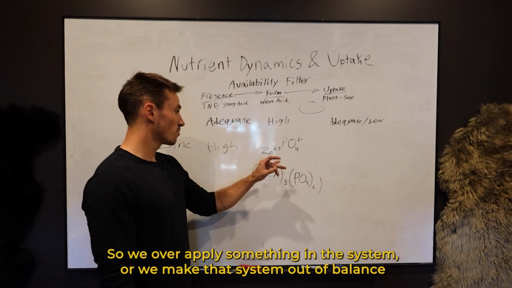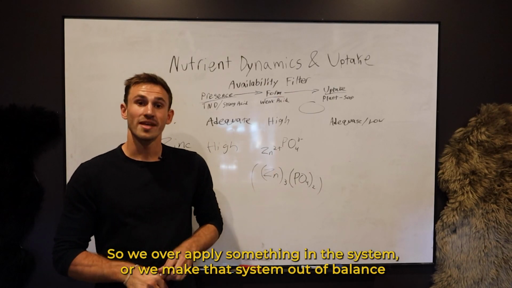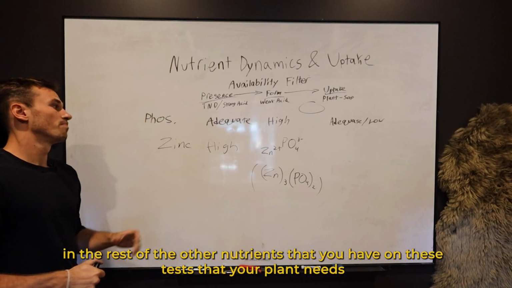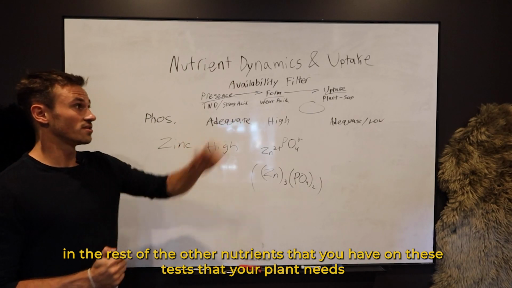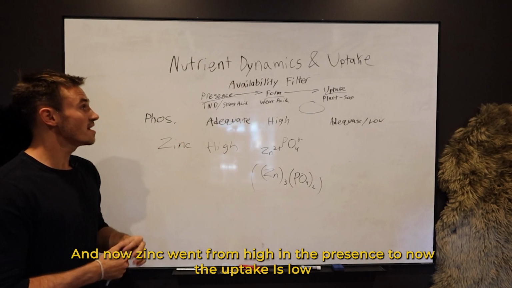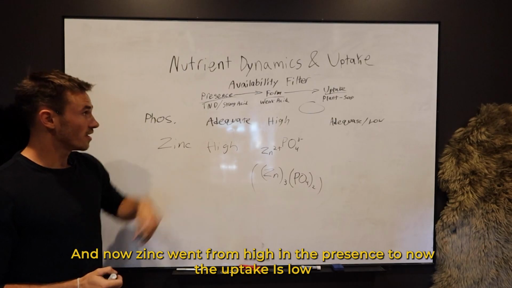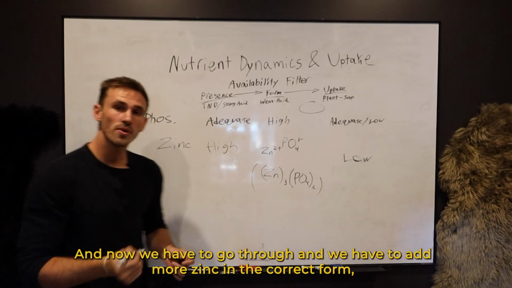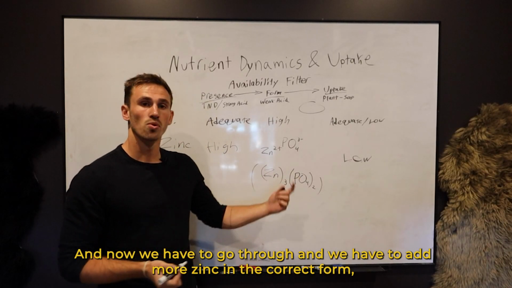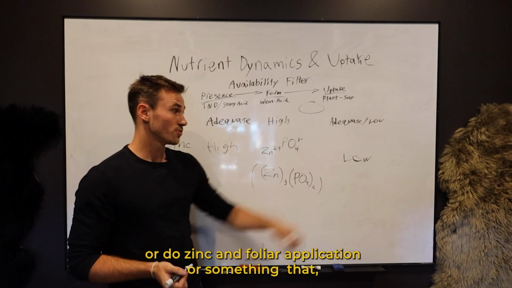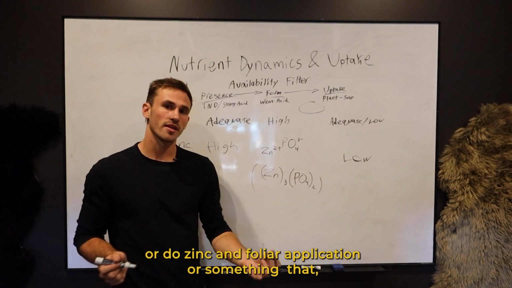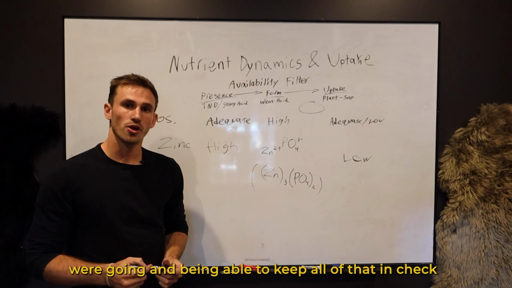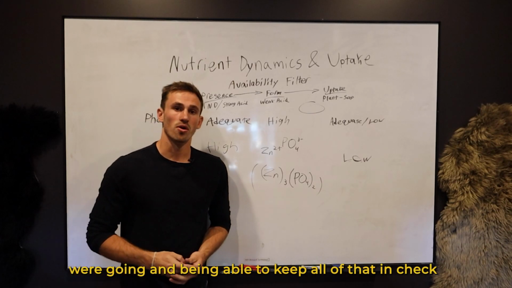So if we over apply something in the system or we make that system out of balance, it can cause issues in the rest of the other nutrients that your plant needs. And now zinc went from high in the presence to now the uptake is low, and now we have to add more zinc in the correct form or do zinc in a foliar application or something like that, because we weren't watching the direction of our nutrients and being able to keep all of that in check.